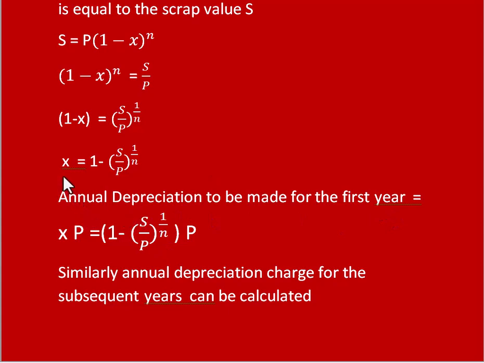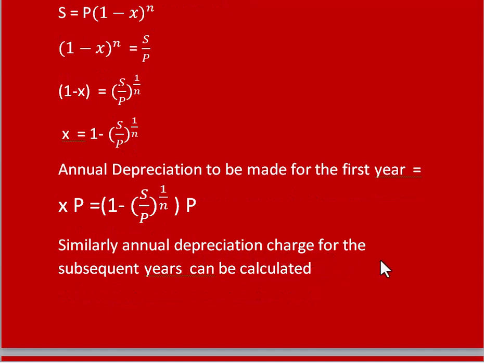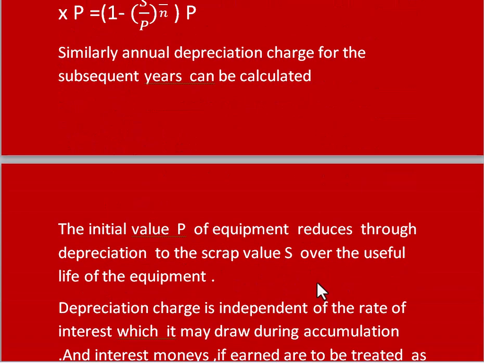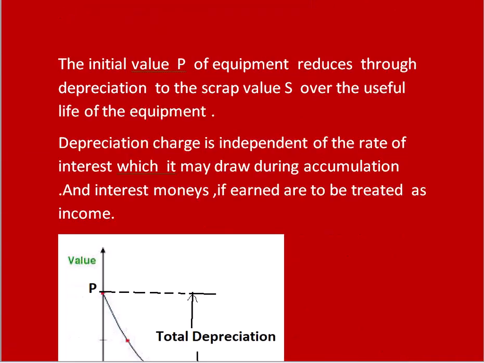Once it is known, that is X is known, then the annual depreciation to be made for the first year is X into P. So that is, X is known, that is 1 minus (S by P) whole power 1 by n, into P. Similarly, the annual depreciation charge for the subsequent years can be calculated. So the initial value P of the equipment reduces through depreciation to the scrap value S over the useful life of the equipment.